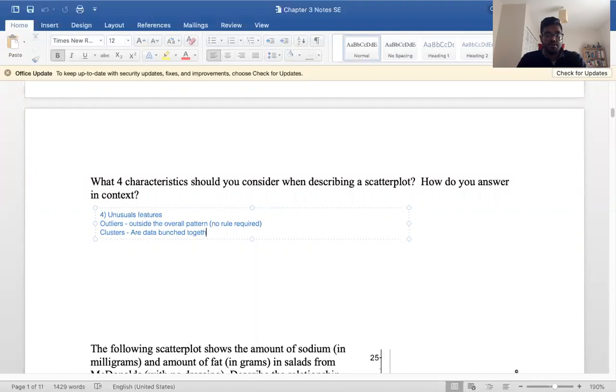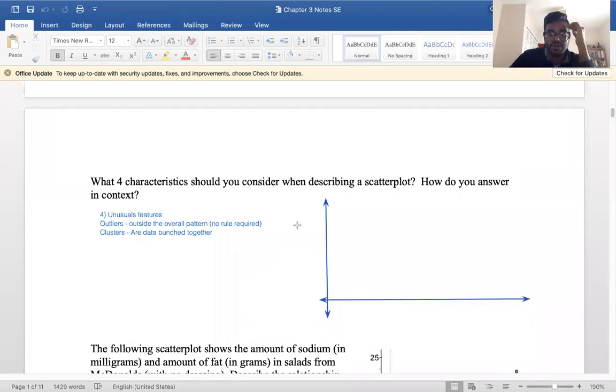Okay? So for example, this clustering one is actually pretty important because if I draw another graph real quick, so you have your axes, and then you have one set of data that is like this. And then you have another set of data, or same set of data, but you have 2 distinct clusters.